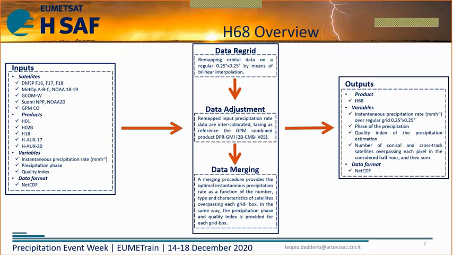So this is the block diagram of the H68. We have 5 input products identified by H01, H02B, H18, and, from the auxiliary products, H17 and H20. These are all level 2 products, which are the input of H68. So we consider the variables provided by these level 2 products, and first of all, we do a data regrid.